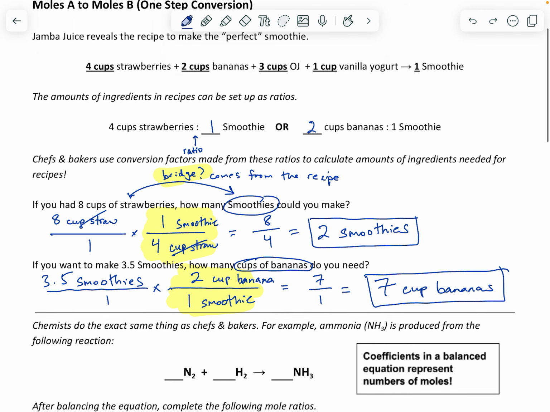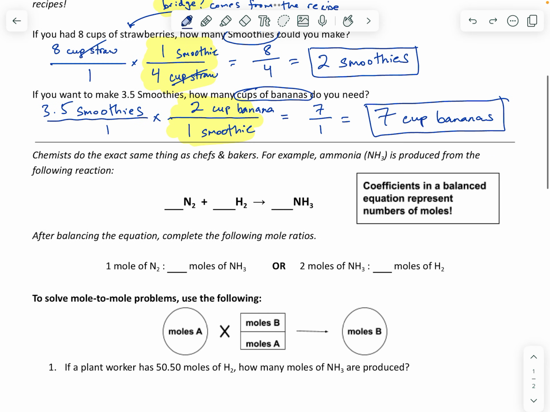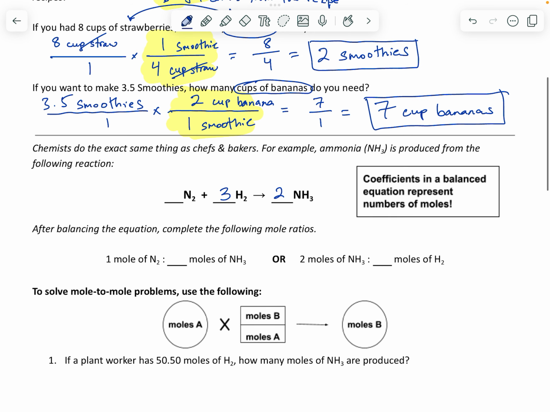So we can equate this into what an actual chemical equation would look like down here, where we're going to get these coefficients from our balanced equation. So when we balance this equation here, of course, nothing or blank means 1. We now have the amounts of things in relation to each other, the ratios, and these are actually moles, all right?